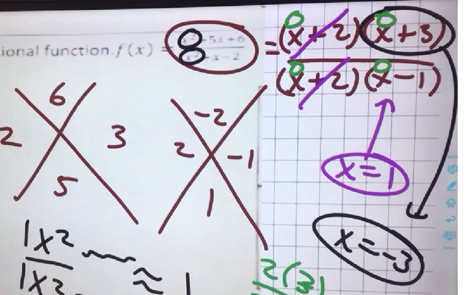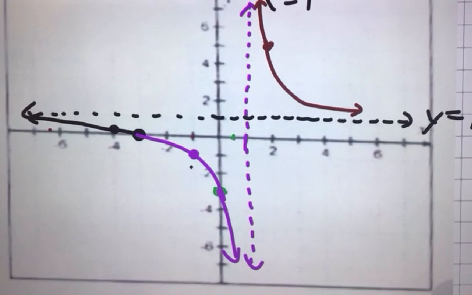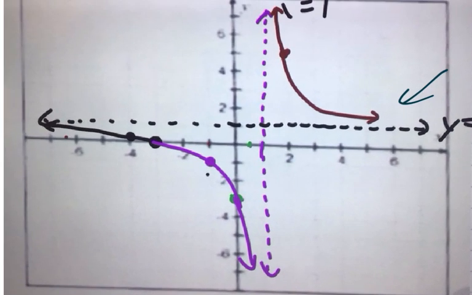So here we go. Let's find the graph here. Notice here I did my y equals 1 horizontal asymptote. Right here in purple, I did my vertical asymptote at x equals 1, right?